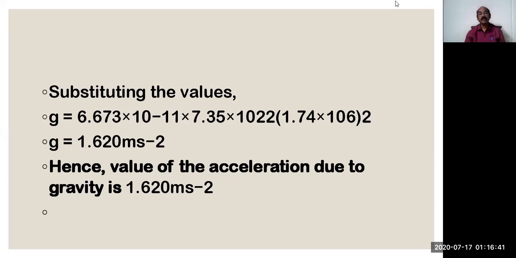So these are the equations of motion under gravity.